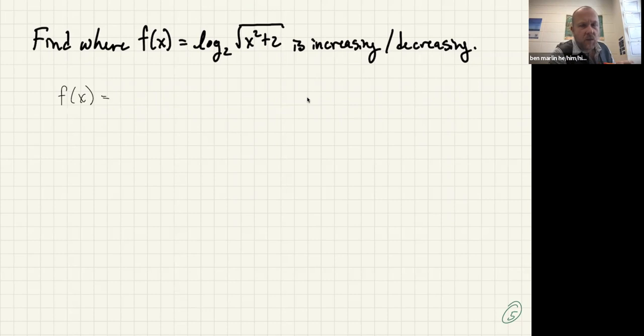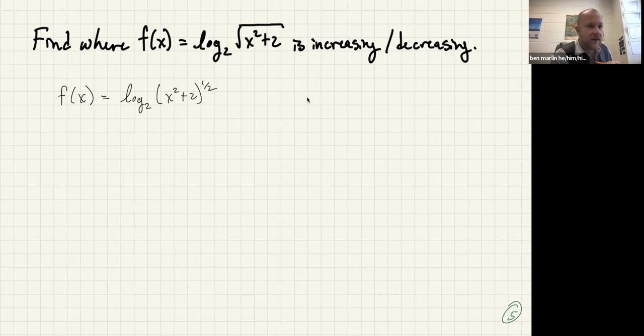Always look at whatever you're given and see, did they write something that was needlessly complicated? For example, here, I have a power in there. You may not think of it as a power, but log base 2 of the square root of x squared plus 2 is really the log base 2 of x squared plus 2 to the 1/2 power.